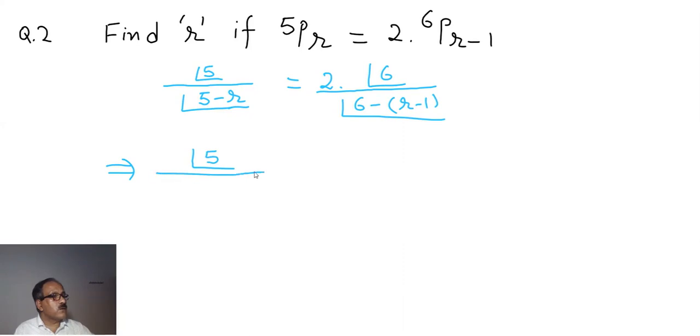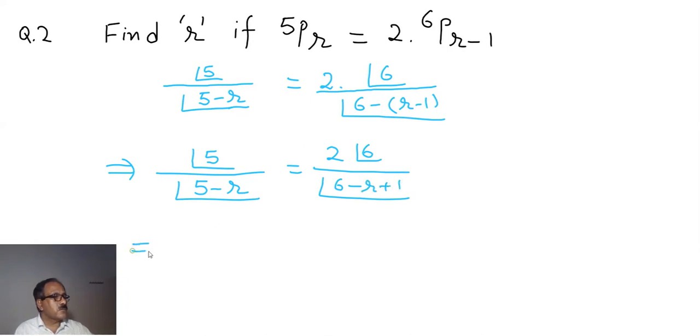Factorial 5 upon factorial 5 minus r is equal to 2 into factorial 6 upon factorial 6 minus r plus 1. We will have factorial 5 upon factorial 5 minus r.